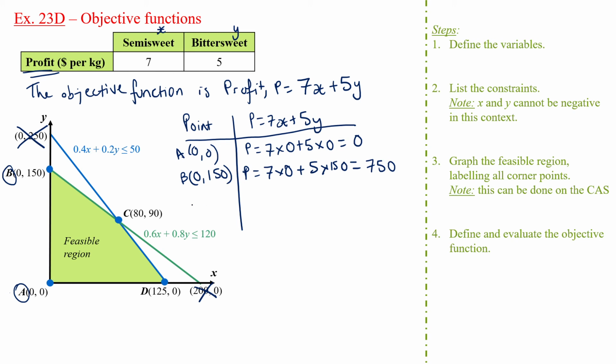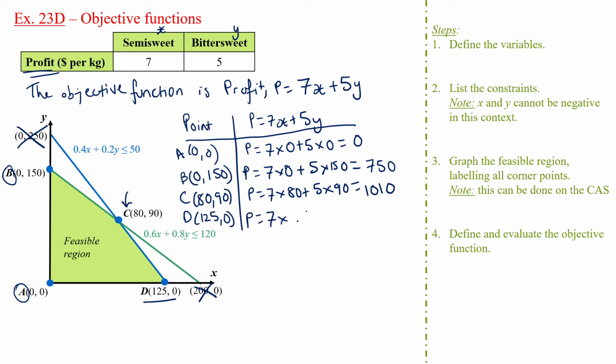We go to point C next, which is over here, 80, 90, and we evaluate again for P: 7 times 80 plus 5 times 90, which is 1010. And finally, point D down the bottom here, 125, 0. P equals 7 times 125 plus 5 times 0, which gives us 875.